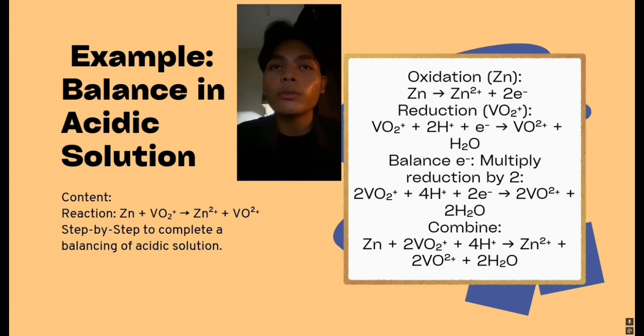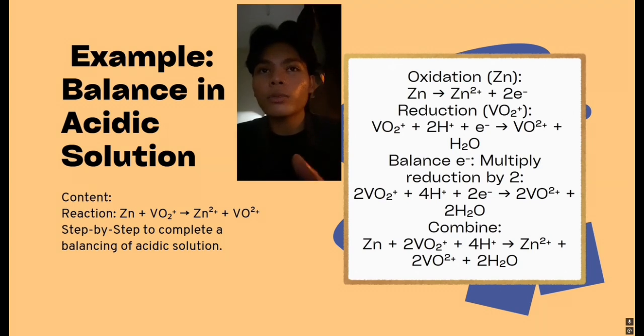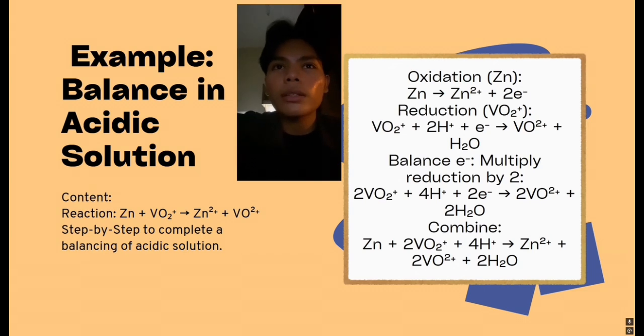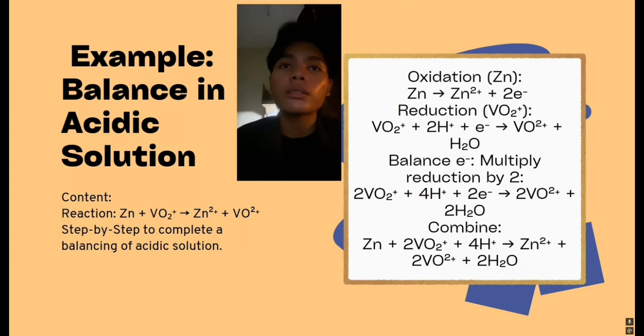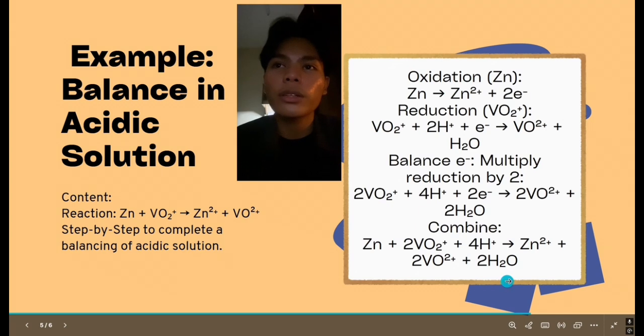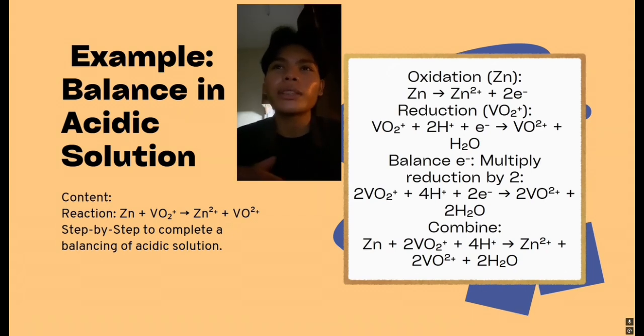For reduction, you will gain electrons, so it becomes VO2+. Then you add 2H+, plus an electron, and it returns to VO2+ plus H2O. Now the final balanced equation is Zn plus 2VO2+ plus 4H+ turning into Zn2+ plus 2VO2+ and plus 2H2O. VO is vanadium, by the way.